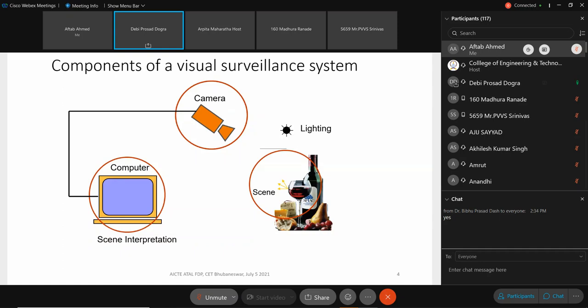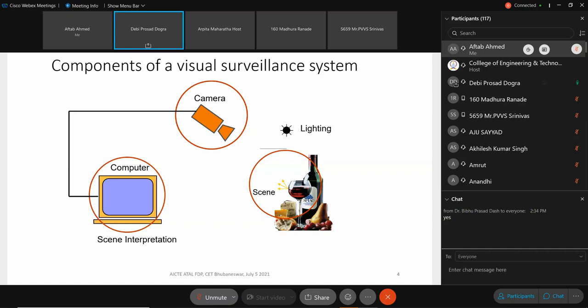Now, what are the components of a typical visual surveillance system? We have a camera, obviously, because that's a sensor which captures the scene. Then we have the scene where the objects are present. We must have a computer which is connected with the camera.